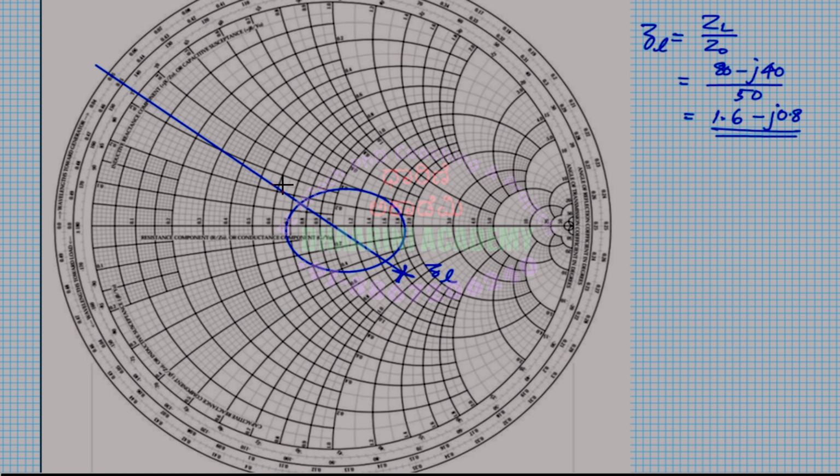Maybe I'll just draw like this and I'll check. All right, so we got this point. So what is the other point? This point itself will be the YL. Okay, once you calculate your YL, please let me know.